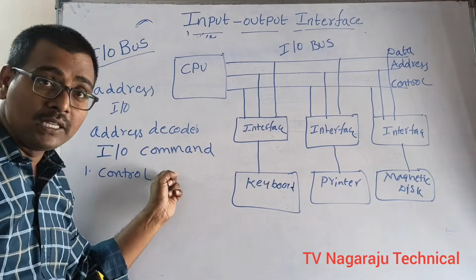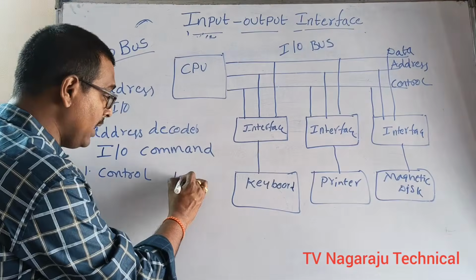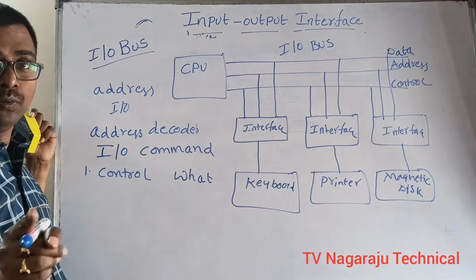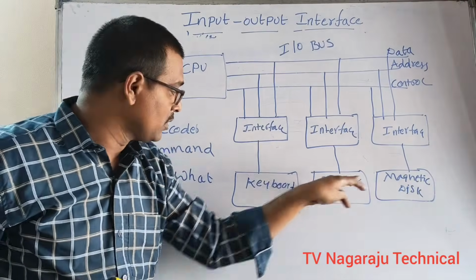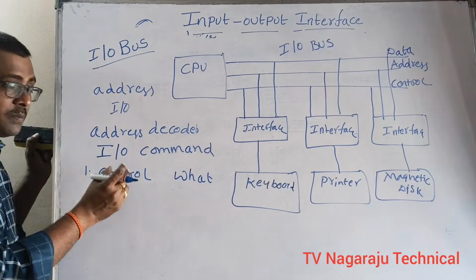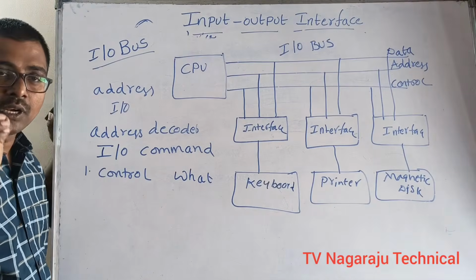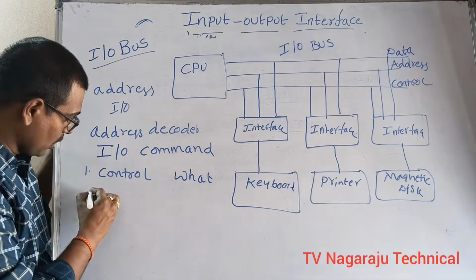This control command specifies which I/O device needs to be activated and what the device must do. That is, printer, you need to print some information; keyboard, you need to get the information like this. The control command specifies what operation is to be done by the device.